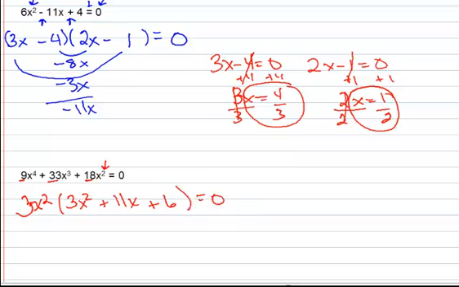And now I'm going to try to factor this one further. You can take as much time as you need to do this. And we can see that we are trying to add to 11. So the signs are the same and they're both positive.